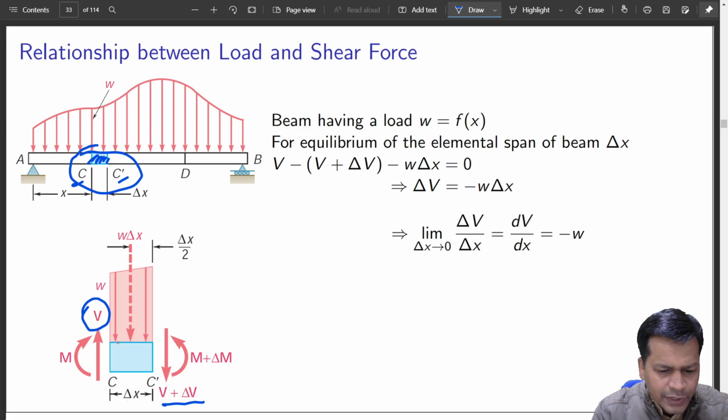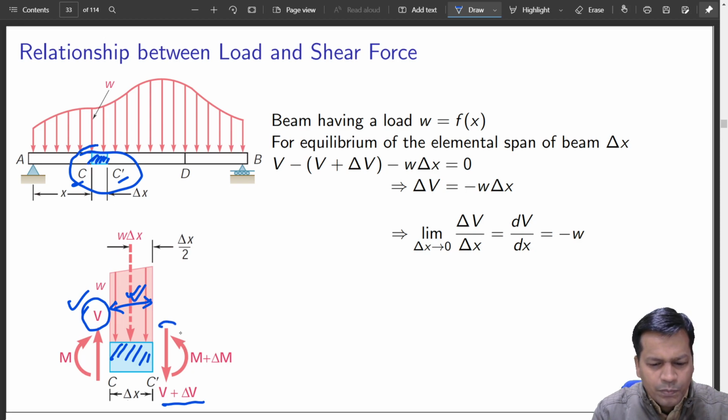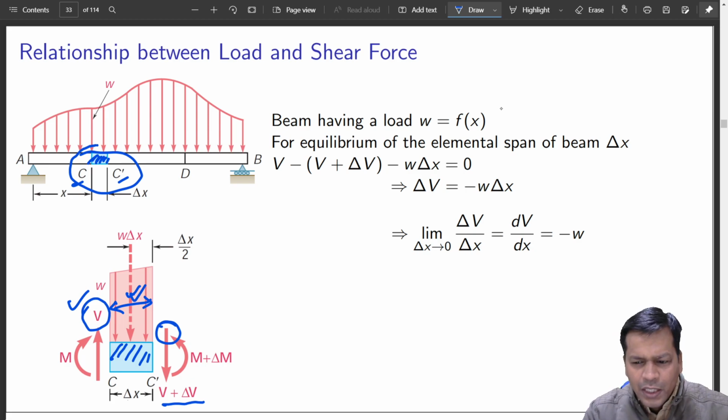It also has its own load distribution from here to here. So this plus this load distribution should equal this much because it is in equilibrium. That is what is given over here. It can be directly extracted also, I'll tell you.